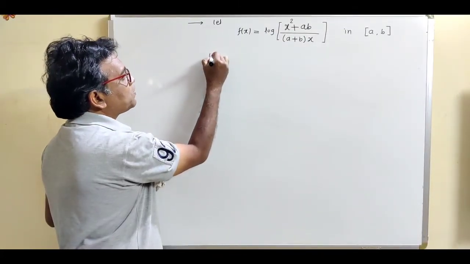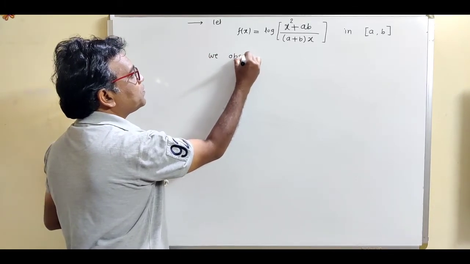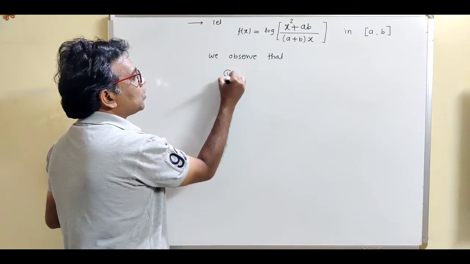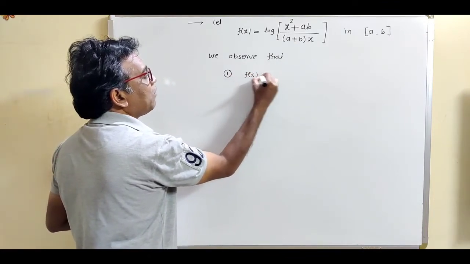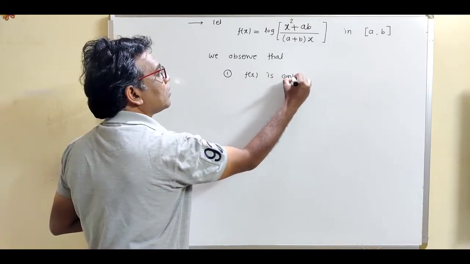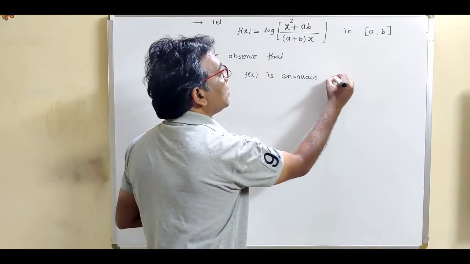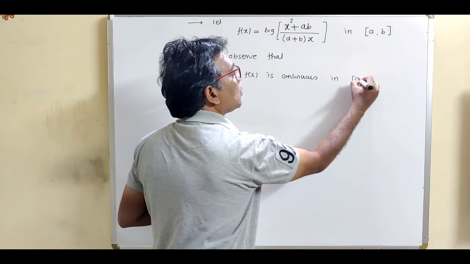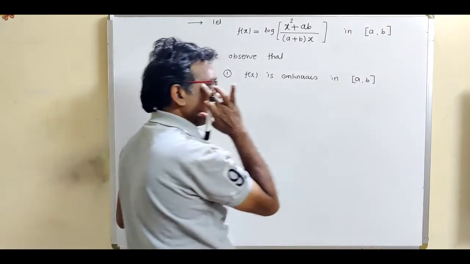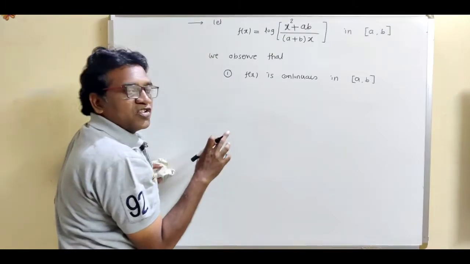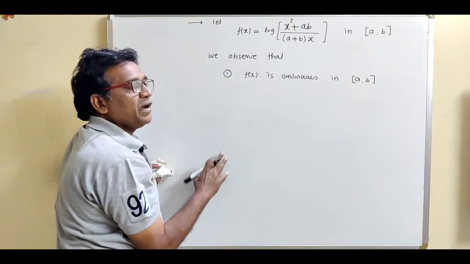So write down the first observation. We observe that f(x) is continuous in the closed interval [a, b]. Now what is the second condition? It is about the differentiability of the function.